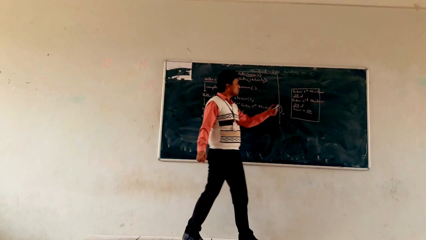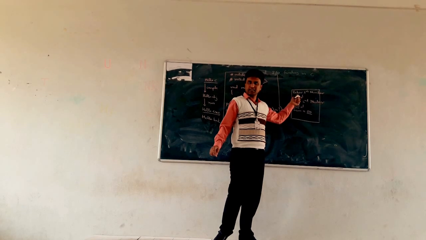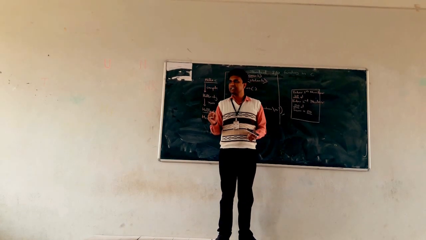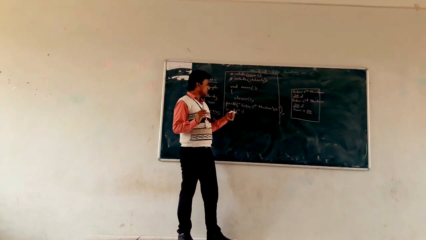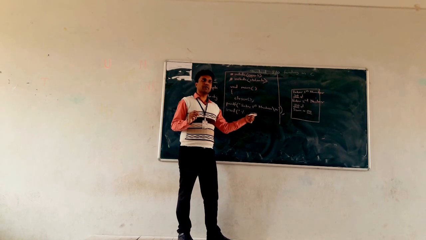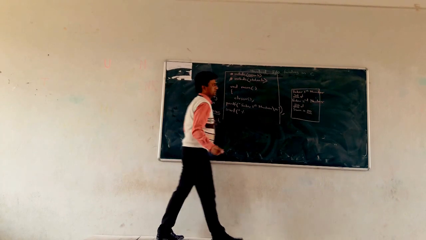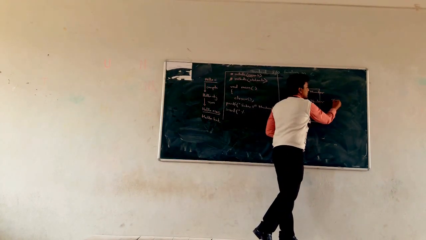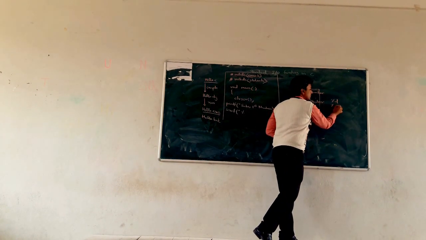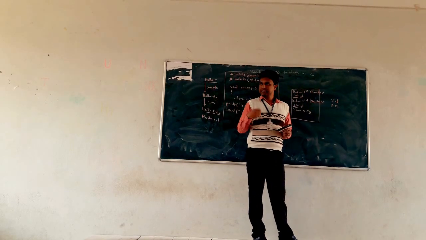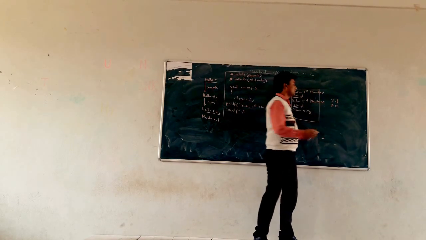Now what do we want to scan? Integer data. For scanning integer data, what is the syntax of scanf? First double quotes, then the formatting type. For integer, the formatting type is %d. For scanning a character from the user, %c.